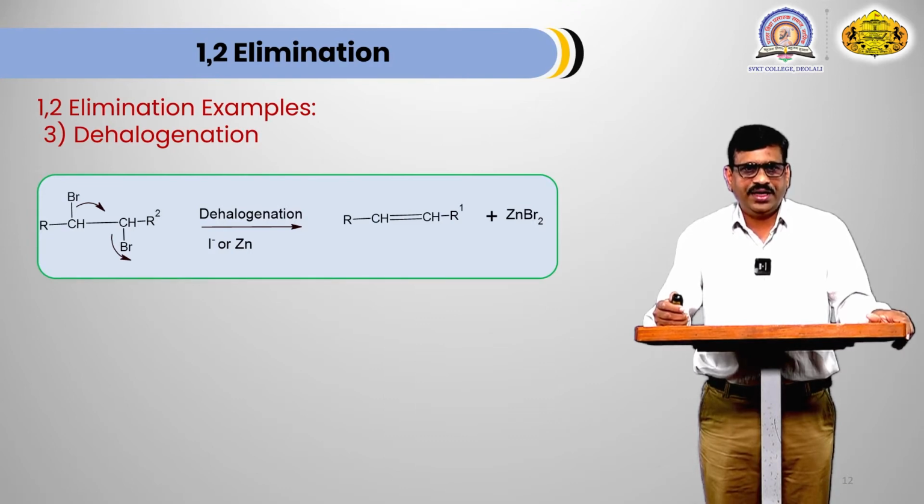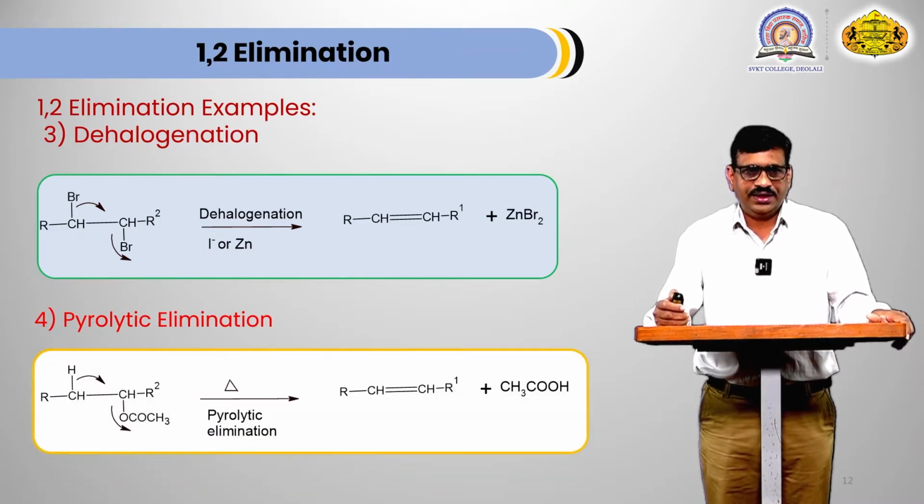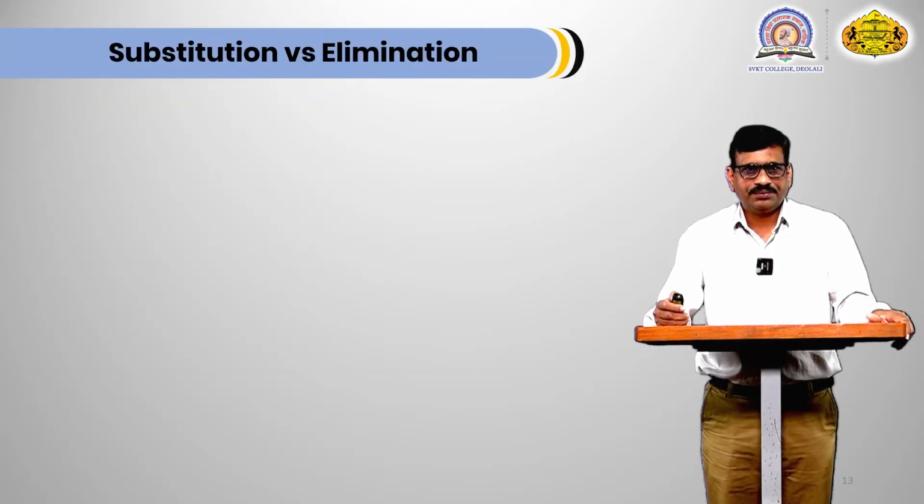This is called dehalogenation reaction. And fourth type of 1,2 elimination is pyrolytic elimination. In pyrolytic elimination, when esters are heated at high temperature, there is formation of alkene. These are 4 types of 1,2 elimination reaction, and these are the examples.